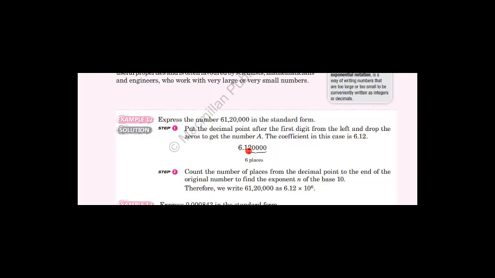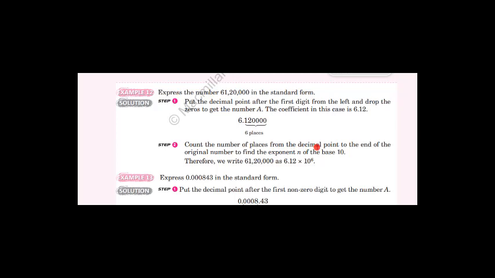After the decimal, 6 digits are there. So what will be my answer? 6.12 into 10 raised to the power of 6. I suppose it's clear. Count the number of places from the decimal point to the end of the original number, and that will be the power of the base 10.